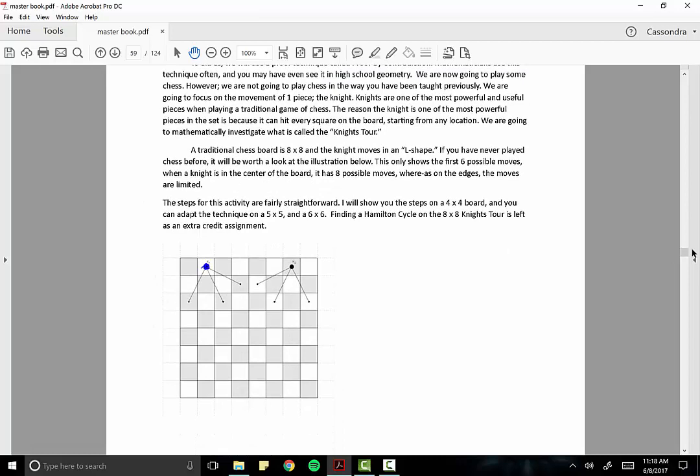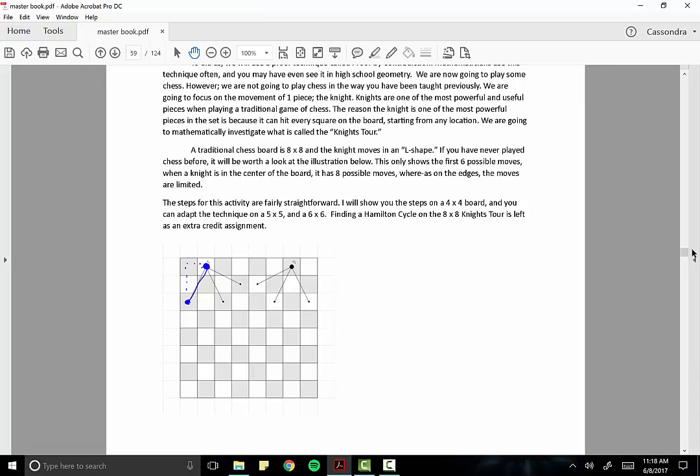If knight 1 started here, knights move in L shapes. So over 1, down 2. Start and stop are the edges and the lines. You can do this for the entire chessboard.